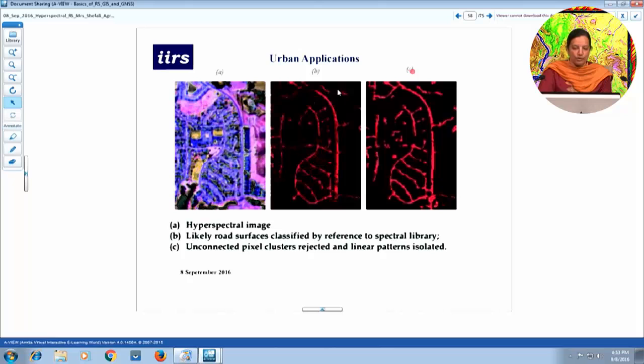For urban applications, of course there is a limitation because most of the satellite sensors have a coarse spatial resolution. What you need is very high spatial along with spectral information, which at the moment is a limitation because most of the sensors have more than 30 meter spatial resolution. In the case of airborne, these are some of the studies done using the Airborne Visible Infrared Imaging Spectrometer from the US, where different types of road surfaces can be classified.